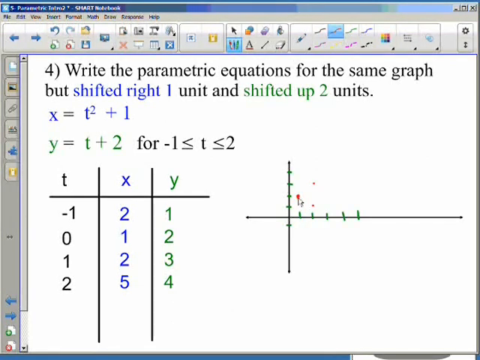And then 5, 4. So now we start to stretch out a bit. And that graph is going to look something like this with a direction where t is increasing. All right, so that's the idea on parametrics for graphing them from either words or the equations.